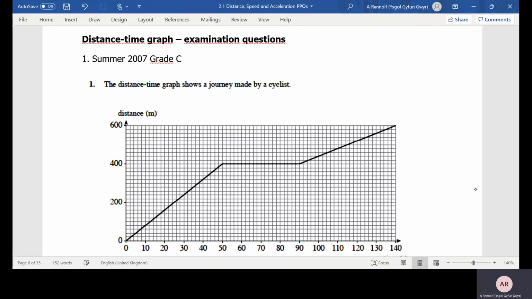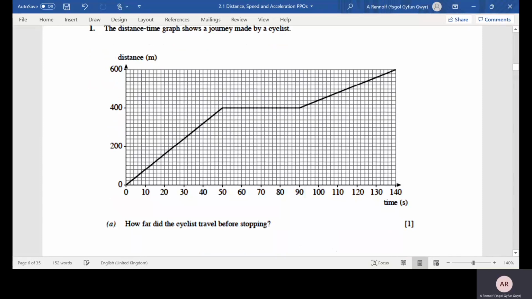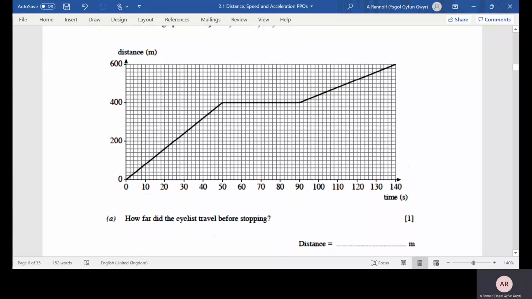What we notice is that in the third part of the journey over here, the graph is less steep than it was initially, and that means that the cyclist was traveling less distance in the same time, so traveling at a slower speed. We also know that these speeds are constant speeds because we've got straight lines as opposed to curves like that.